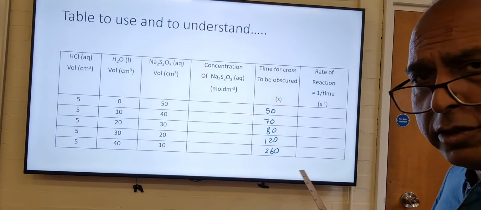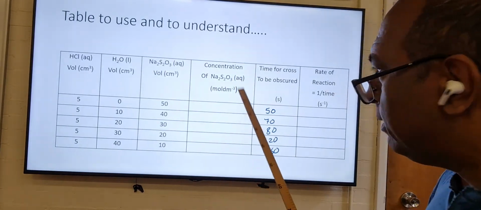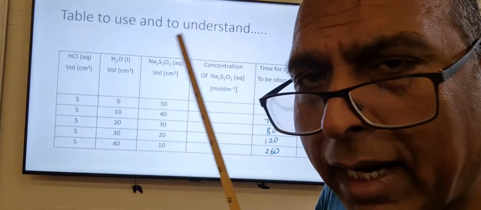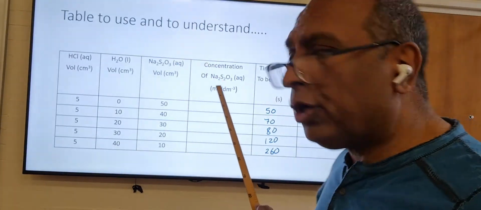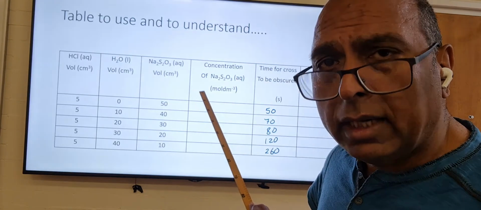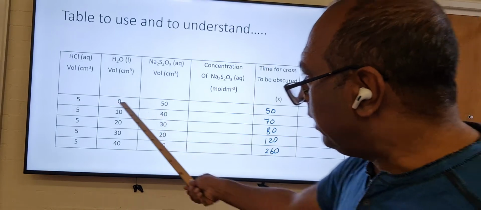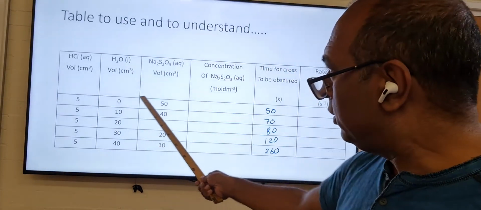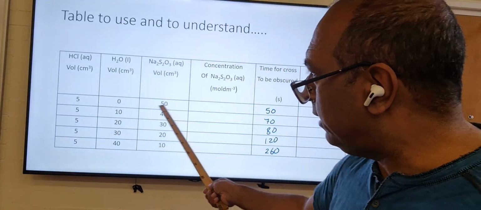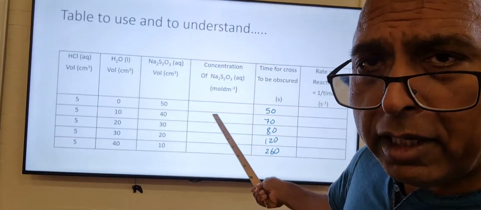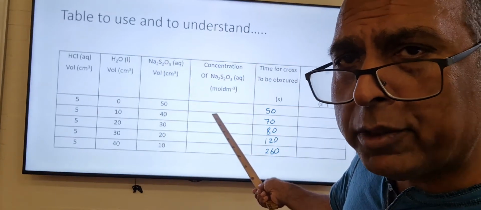Now what I need to do is calculate the concentration in each one of those 5 experiments. And this one's got no water. So 50 of no water means the concentration of sodium thiosulfate was just the same as what we started with.